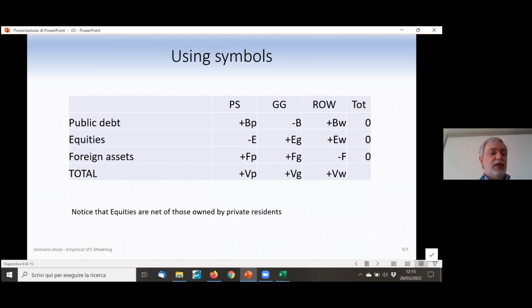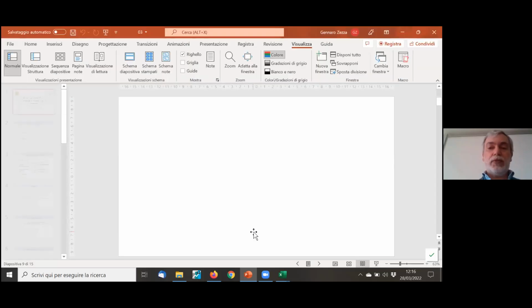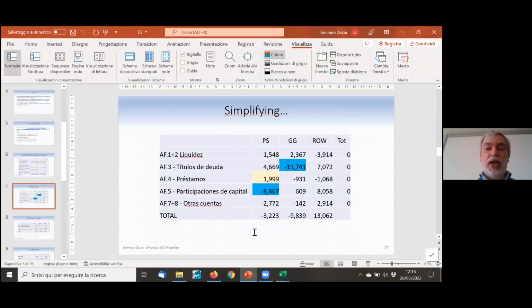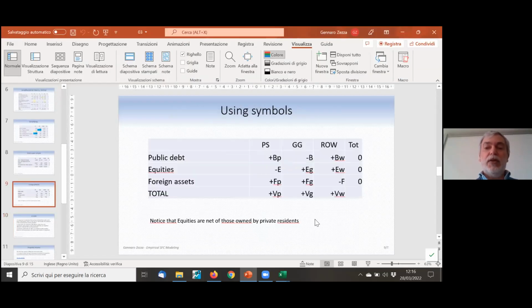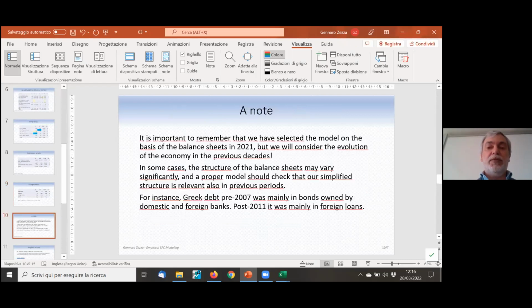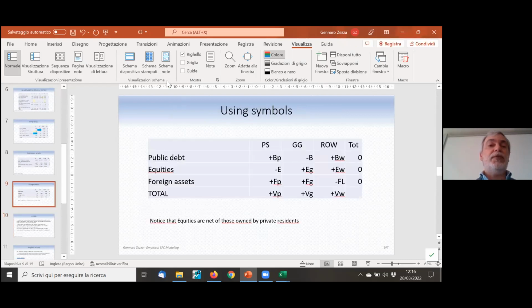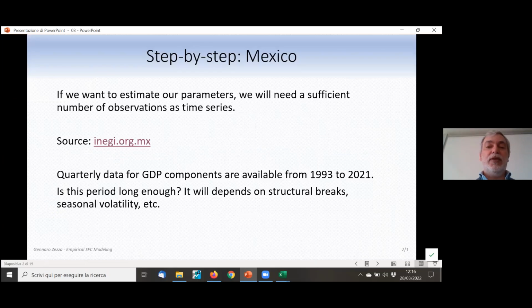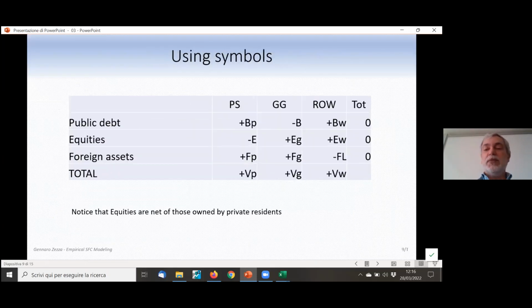And we can start providing variable names to the data that we have chosen. I discovered that F is a reserved word in R, so I cannot use it as a variable name. And I switch to FL.